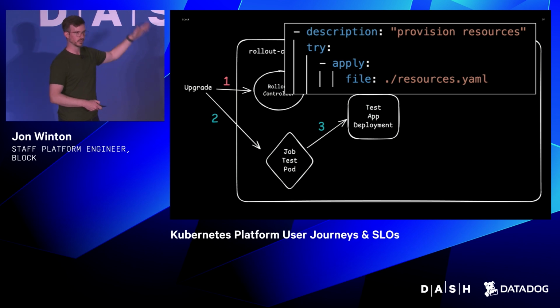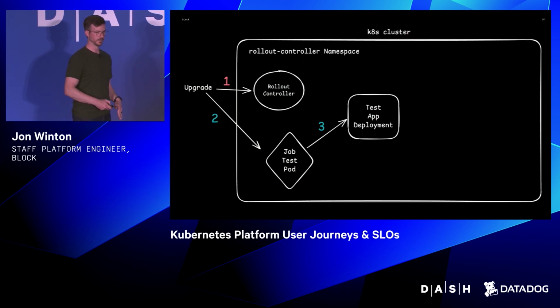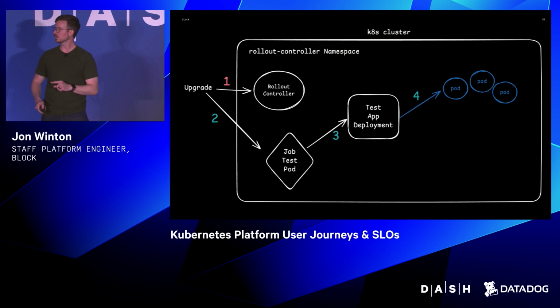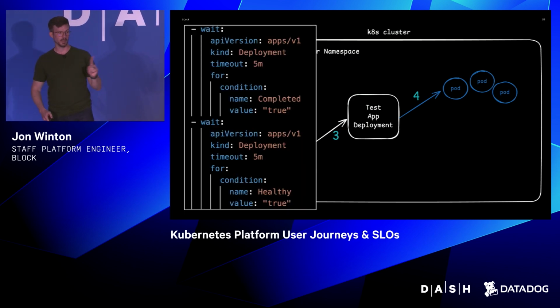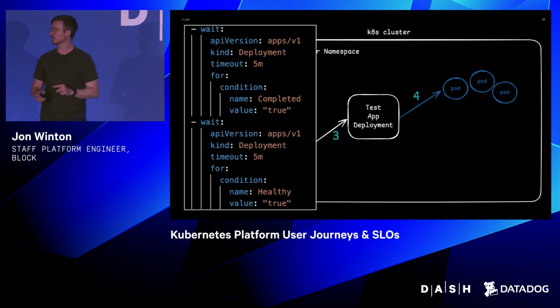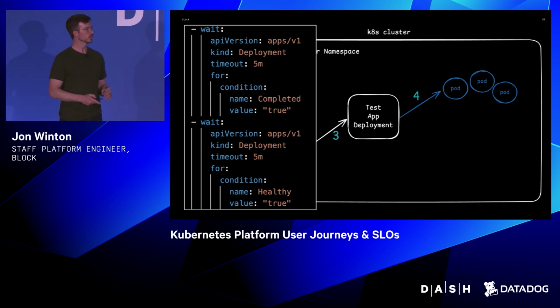This is what that YAML looks like for the test in the demo repo. There's a resources file, couldn't enumerate everything here for readability, but this is the actual step. So that deployment spins up some pods, and Chainsaw is going to wait and say, hey, did we get into a good state? That's what the YAML looks like for a wait statement. Anyone that's very familiar with Kubernetes is going to see that and be like, okay, looks pretty kubectl centric.